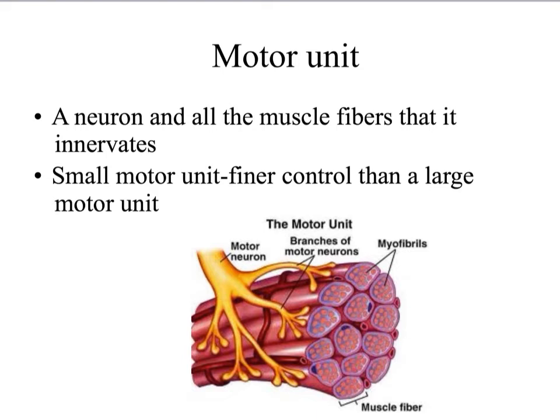So understand that a small motor unit will give you much finer control than a large motor unit will. Understand that it's always simply one neuron and then a variable number of muscle fibers.